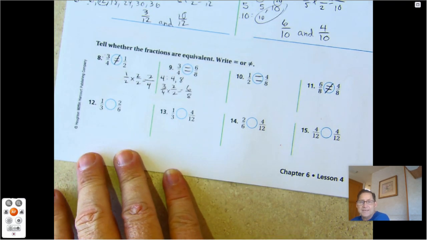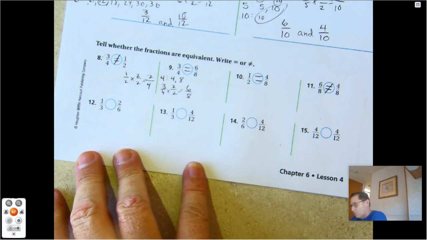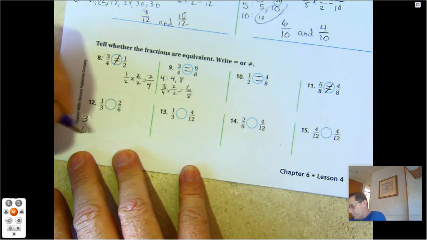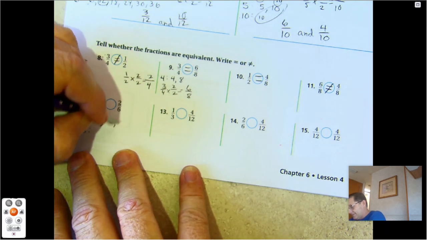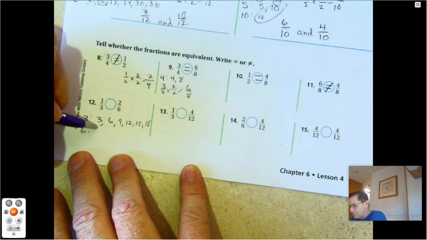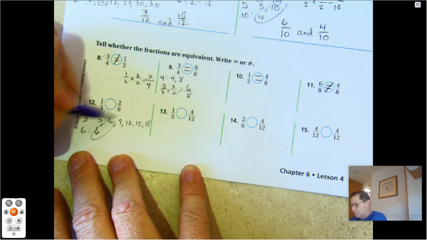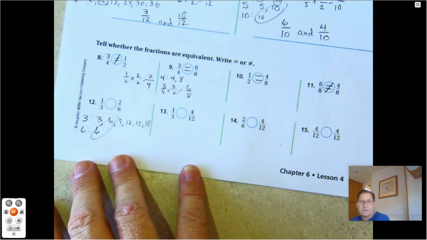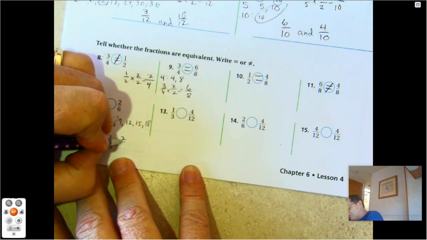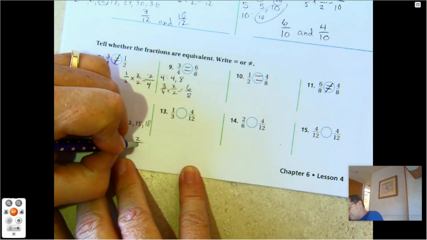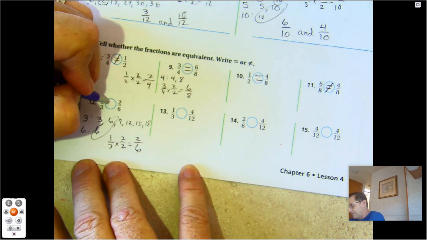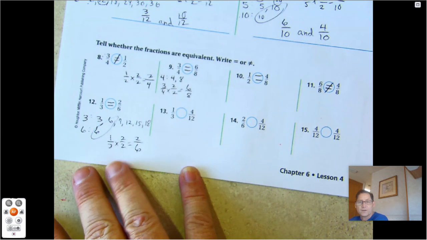1/3 and 2/6. Well, let's find a common denominator. Let's start with the 3's. 3, 6, 9, 12, 15, 18. First multiple of 6 is 6. Well, they already match then, if I put 6. So 1/3 times 2 over 2 would turn the thirds into sixths. 2/6 matches 2/6, equal.